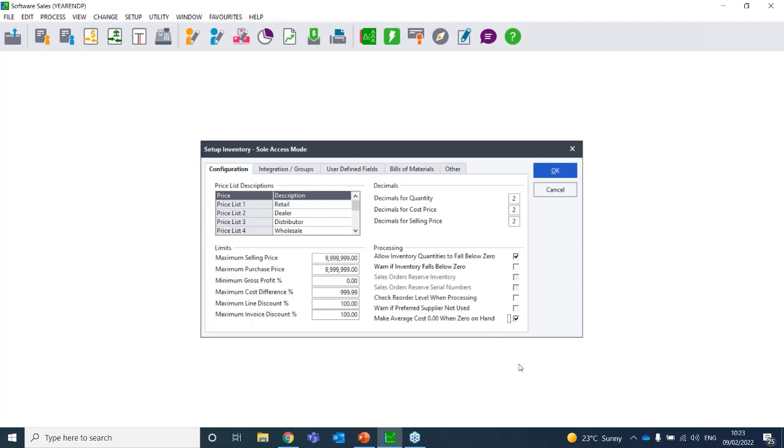If you're doing a stock count or a count inventory and you've ticked this option and Pastel thinks you have 0 on hand, but technically you have 10, it's going to do an adjustment with 0 value. That is a major problem because the average cost is 0.